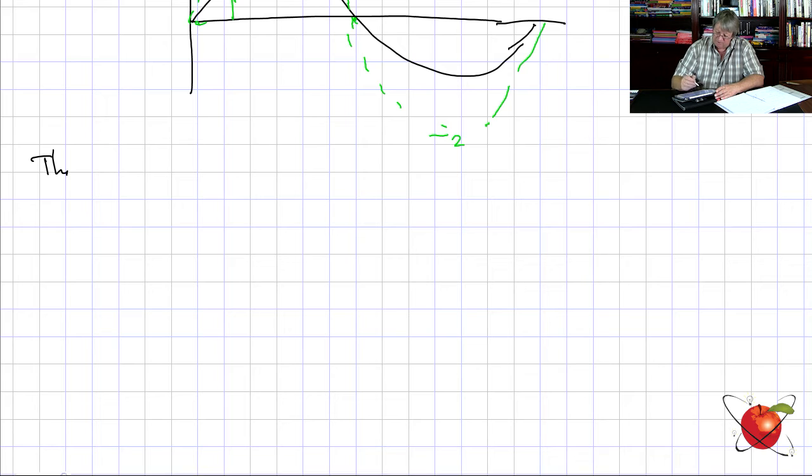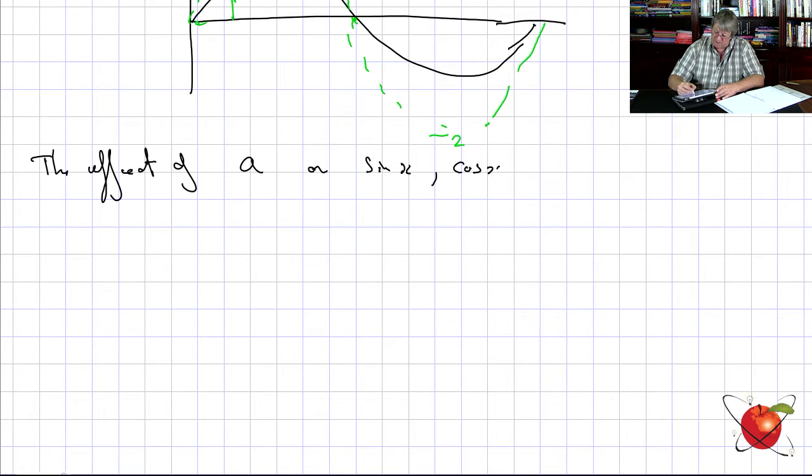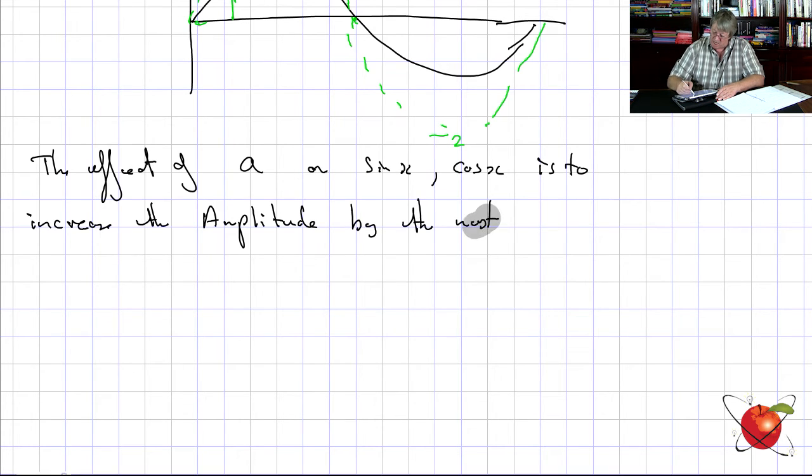The effect of a on sine x and cos x is to increase the amplitude by the multiple a.